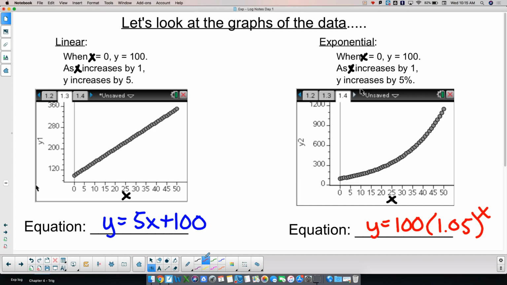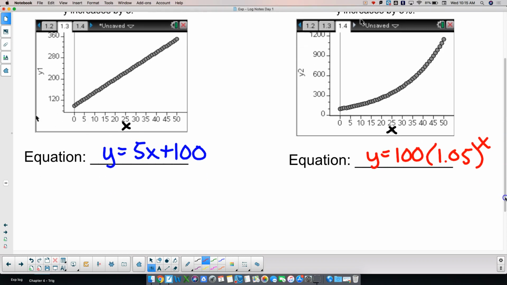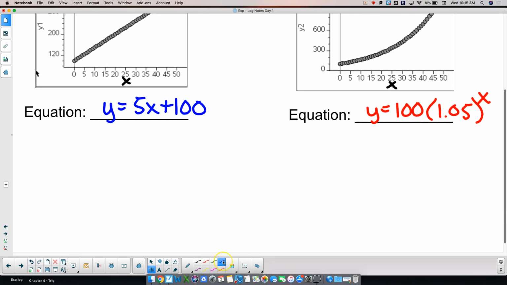What do you notice about exponential equations? The variable is in the exponent. Yep. That's what makes an exponential equation an exponential equation.